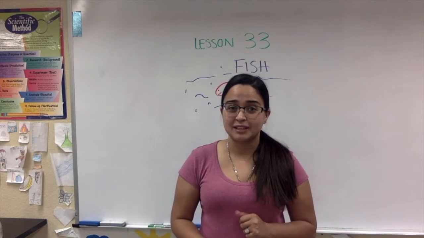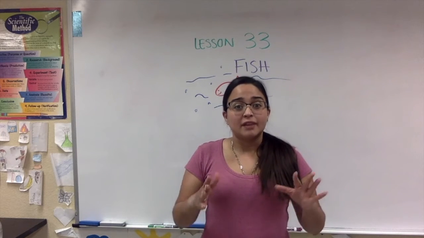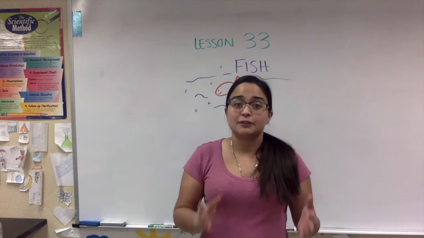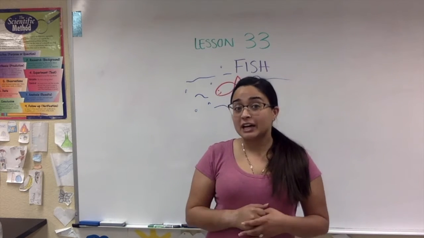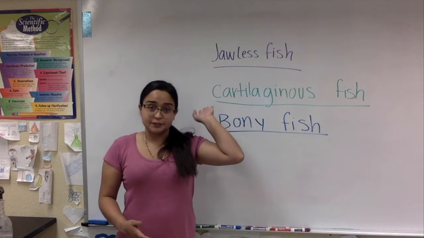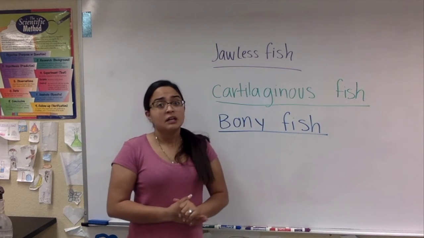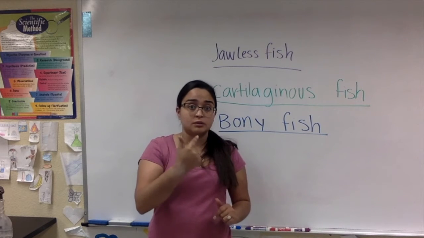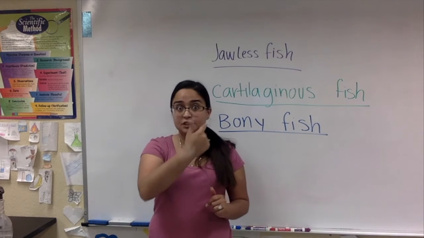Okay? Now, there are actually 3 different classifications of fish. Make sure you have your pencil and paper ready to write these down. The first classification we're going to talk about are jawless fish. Jawless fish have a round mouth, so their mouth is just a big circle.